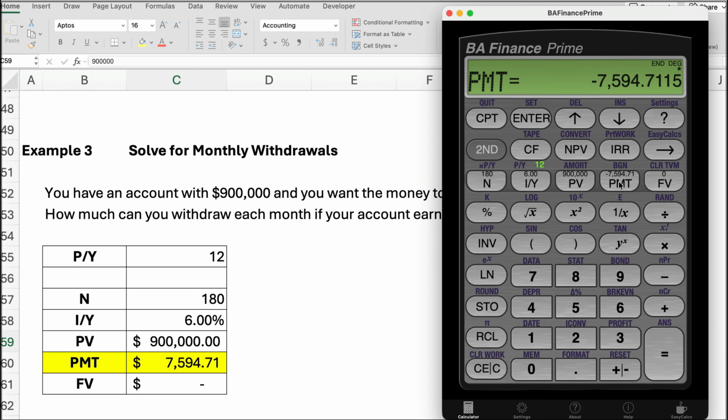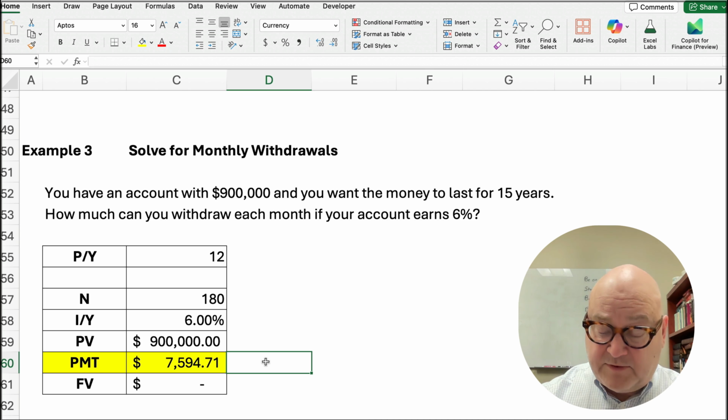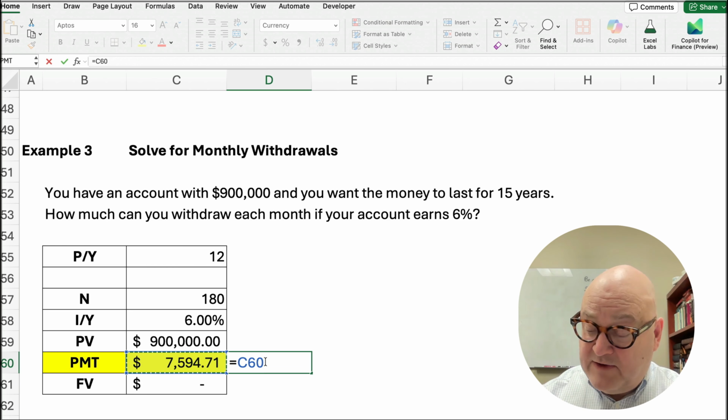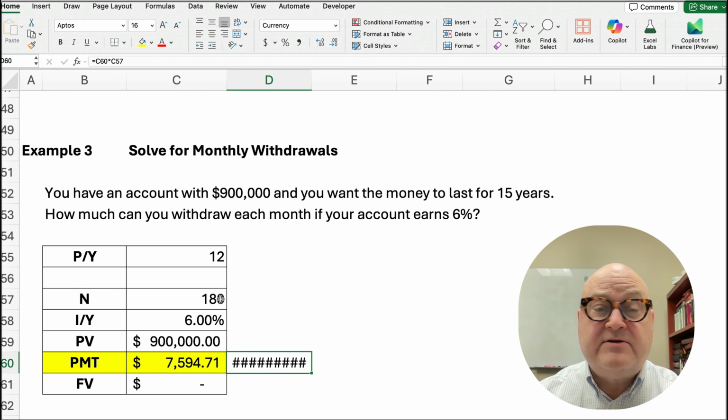So if we took that out, now what's the total amount? Now you're earning interest along the way at 6%. If you take $7,500 times 180 over the 15 years, you would withdraw $1,367,000. So this 900,000 continues to grow even though we're withdrawing money every month.